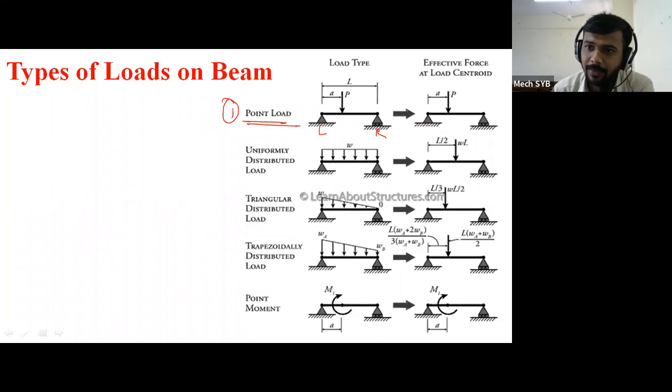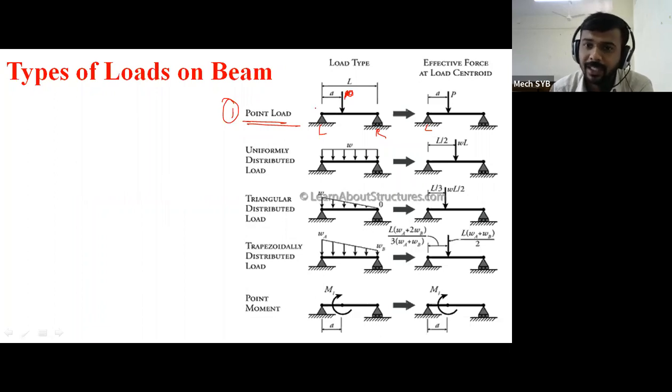Similarly, in the second figure also, this is the left support, this is the right support, and this is the point P, which represents the point load applied on this particular horizontal beam. It has one simple definition: the load which acts at a particular point is called a point load.